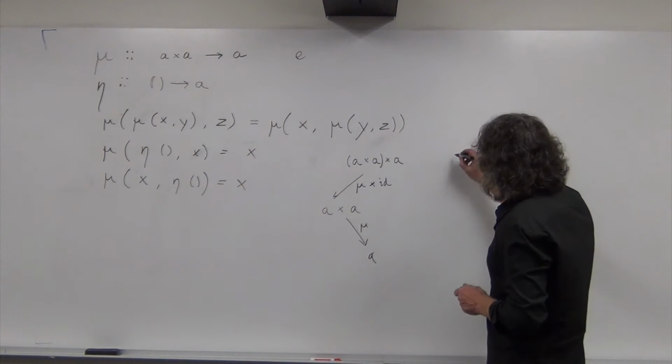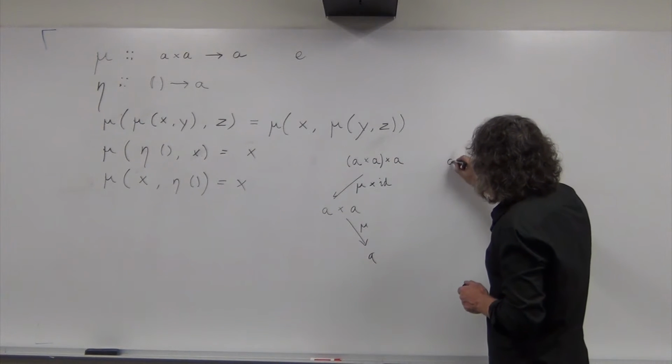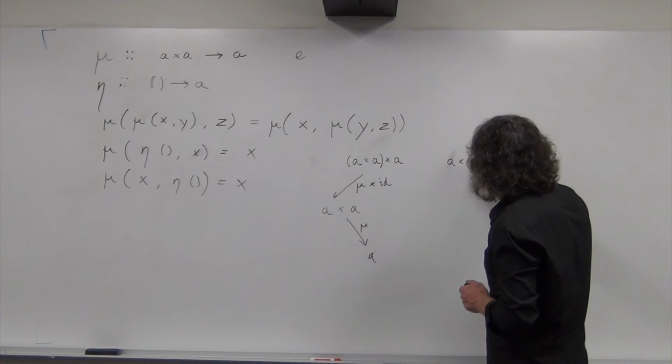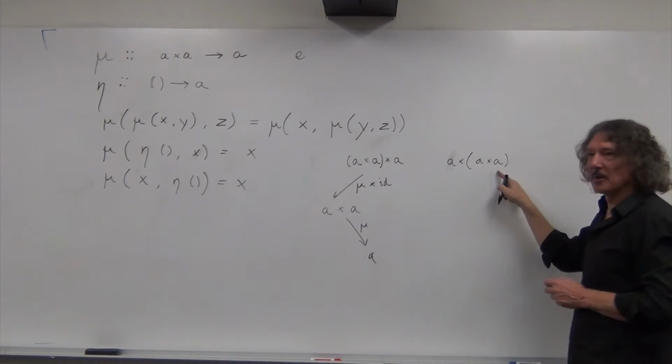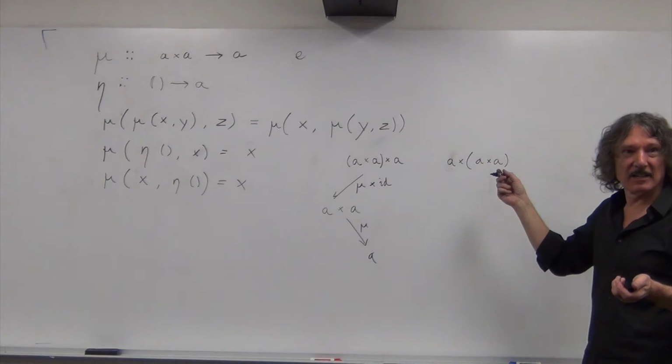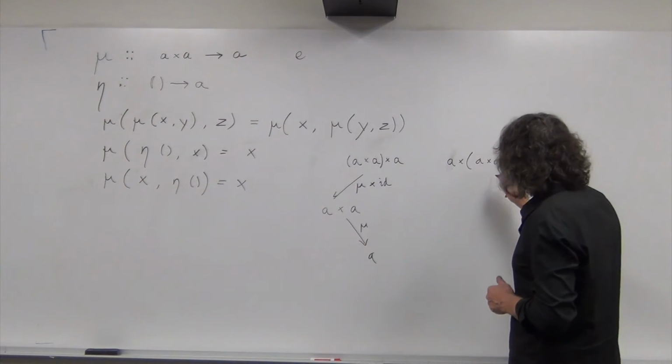And now we would like to do a similar thing, but starting with A cross A cross A. This is also A cubed. It's a triple, but in a slightly different pairing.